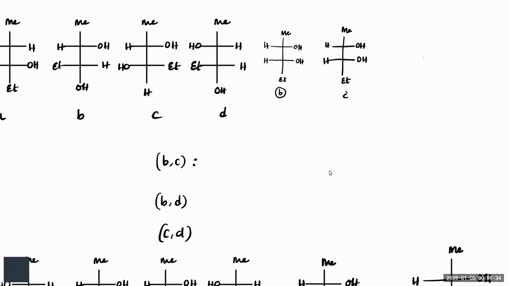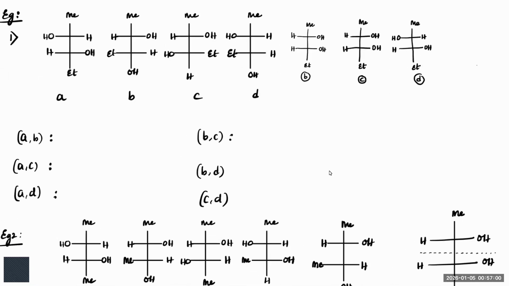This will be compound C. Next, to compare D, in the case of D, methyl is again in the same position, so we will not disturb anything on the methyl positions. If I bring ethyl down here, then OH will be on the right and H on the left, because I need to make two exchanges. So that will become D.